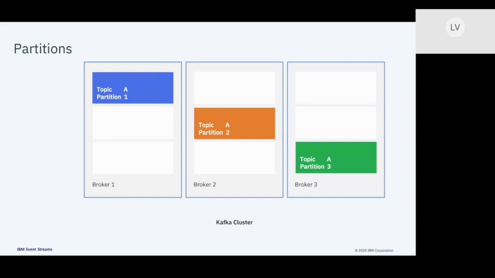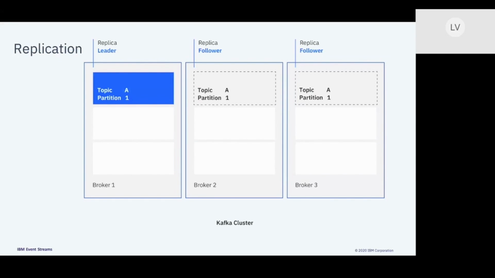This is just a definition of what you want to exchange in IBM Event Streams. And for each partition of topic A, you can define different replicas.